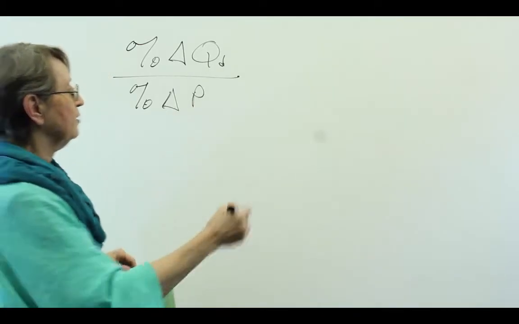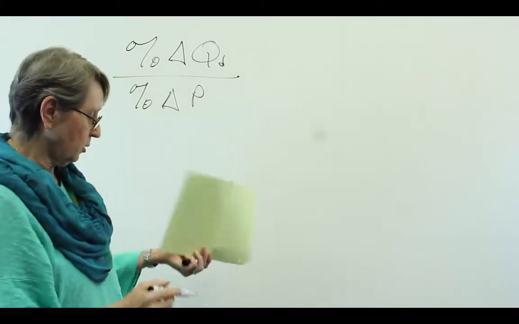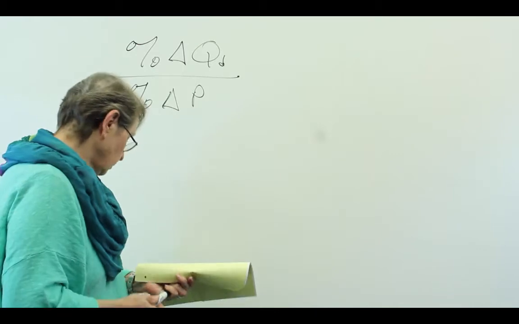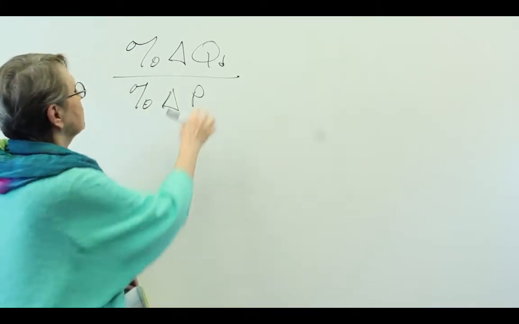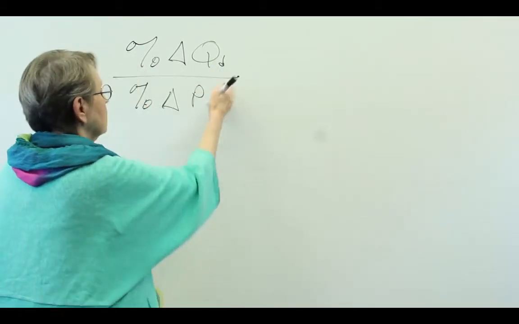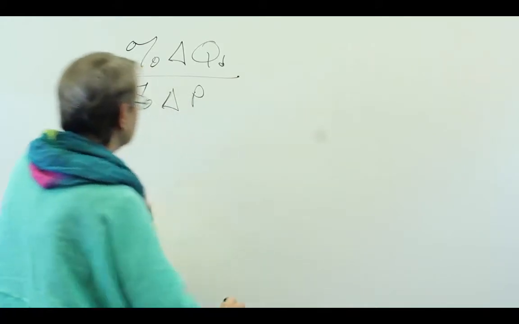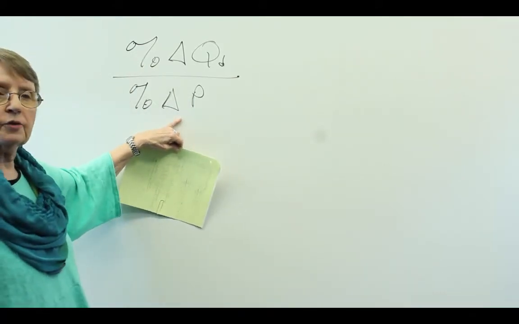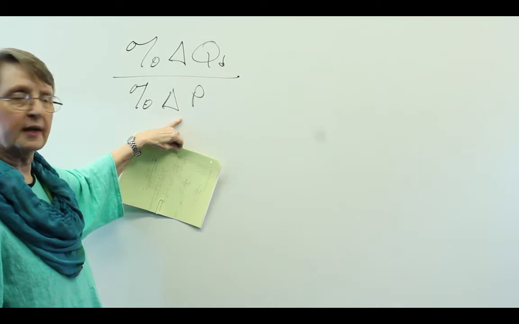So we already know that if price goes up, quantity demanded goes down. The question is, by how much will quantity demanded change when price changes? And you will notice that this is a relative measure. This isn't slope. This is a relative measure.